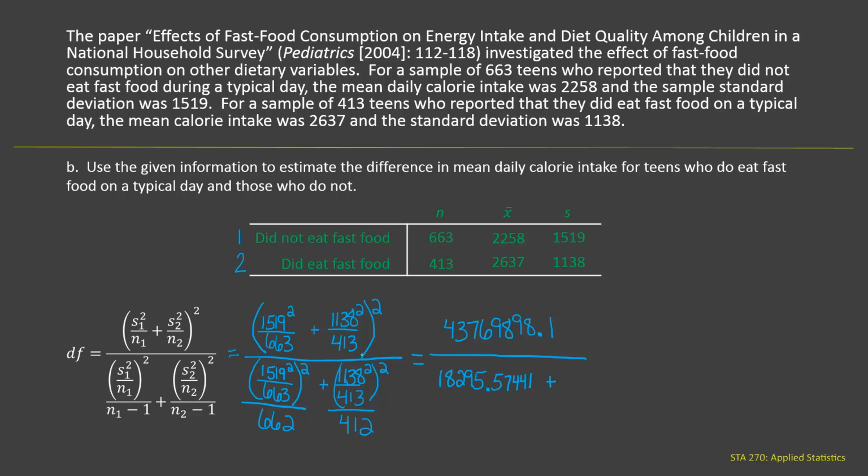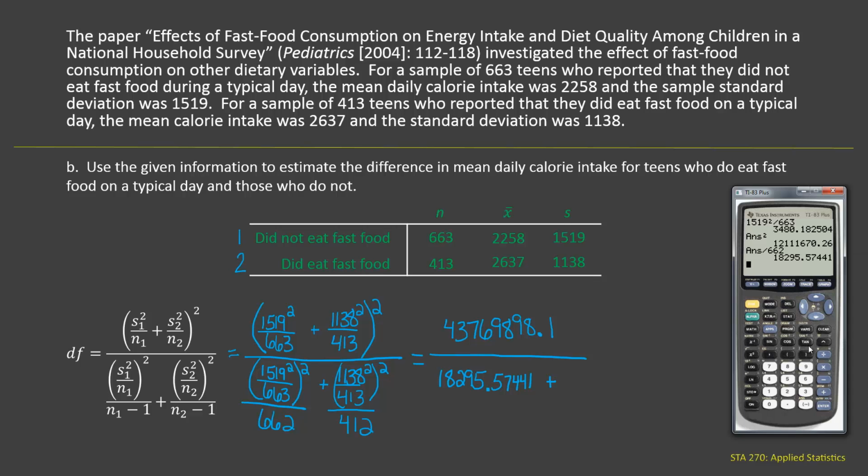Plus, let's do the same type of thing for this other fraction here. Get my calculator up again. Okay, this time we need 1138 squared divided by 413.